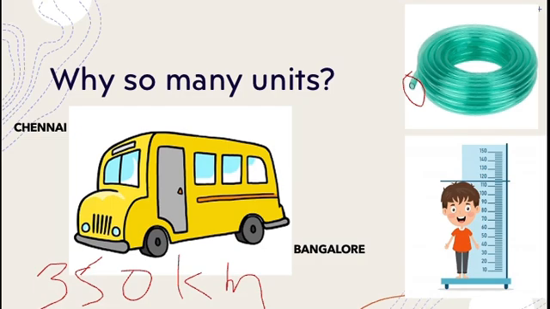When you measure the length of cloth, you often refer to it in meters, because when you go to the shop you say 5 meter of cloth, as you would not need so much cloth. So the unit used here is meter. Based on that, the respective units can be used for measuring lengths.